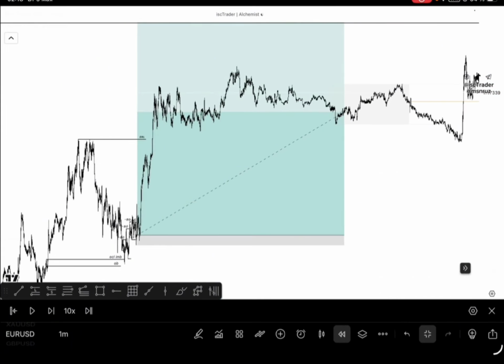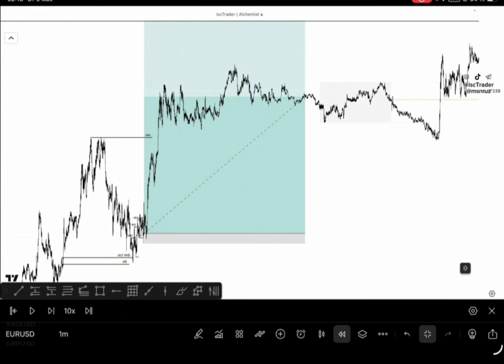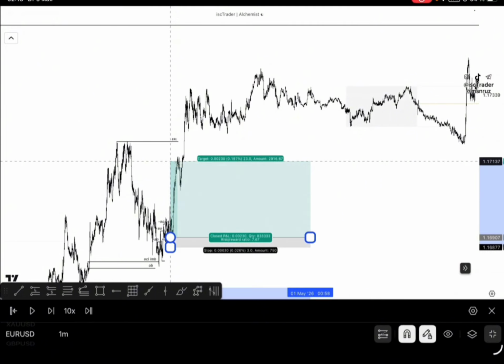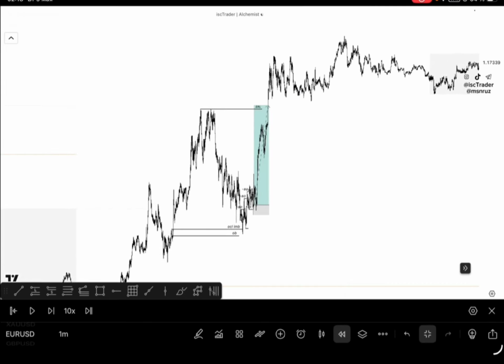All right then, 20. But I would have exited the trade at this external range liquidity.